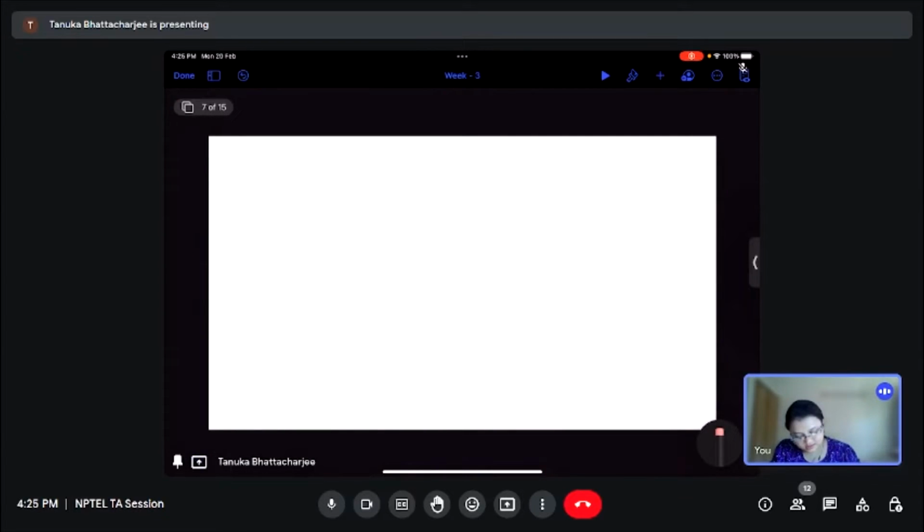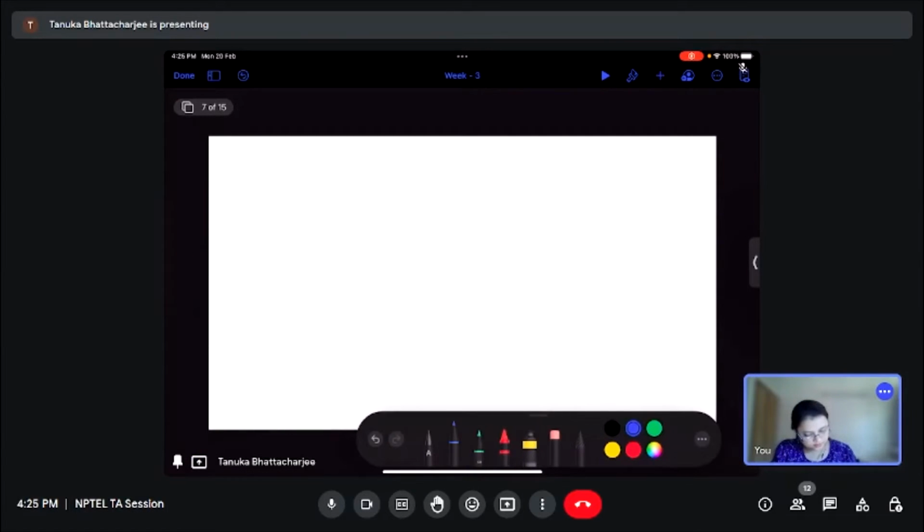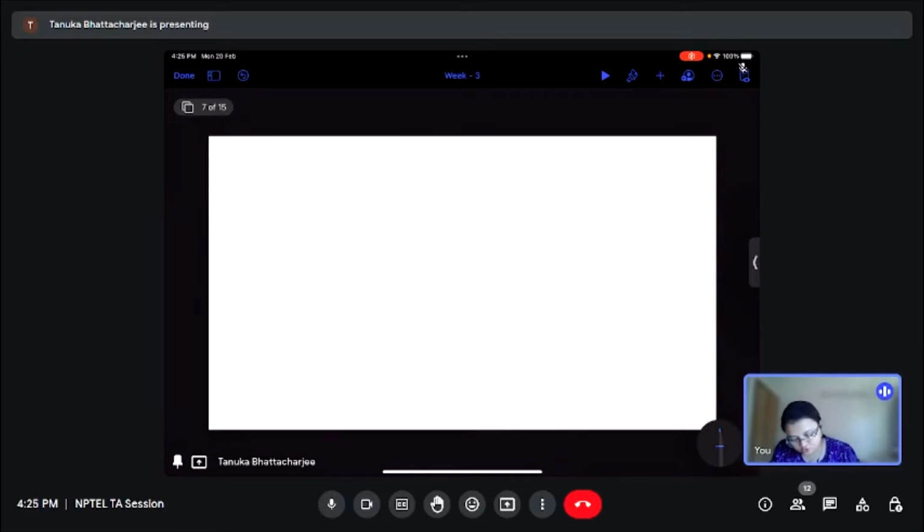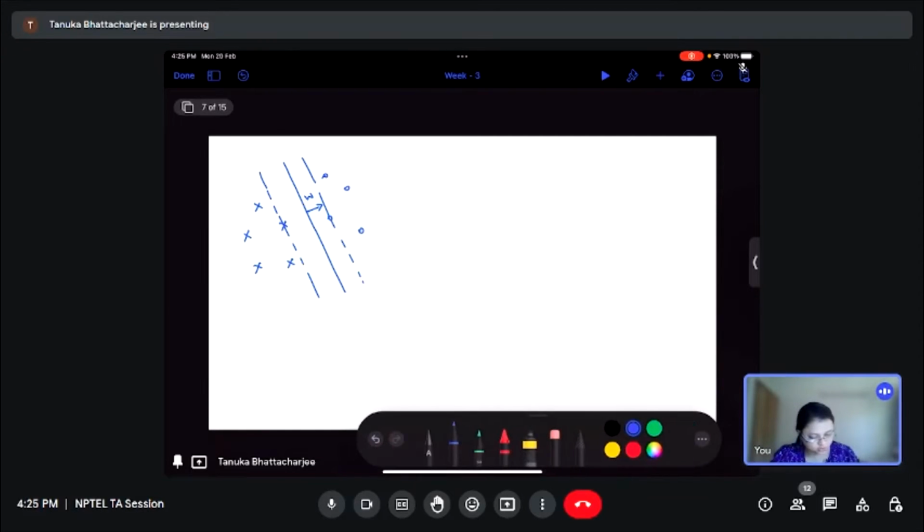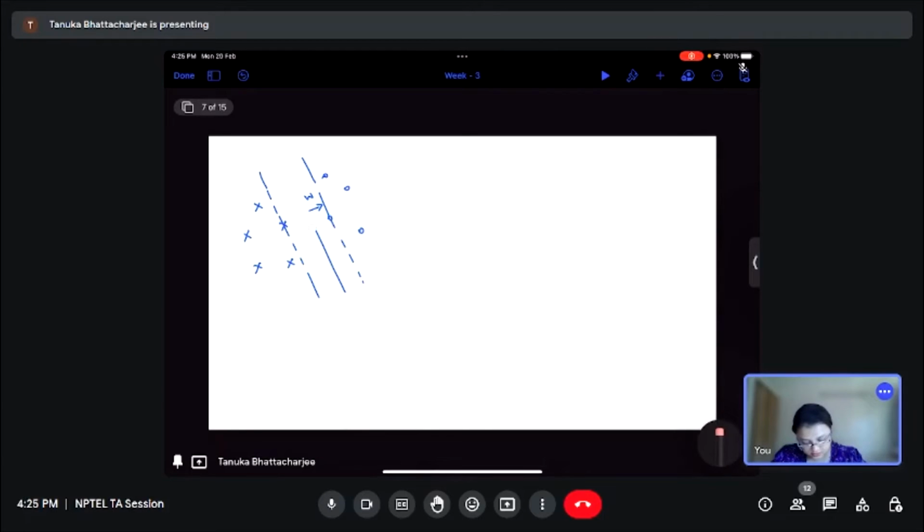Let's say you have two sets of points, and this is your decision surface. Your W is somewhere in this direction, and this is this side's boundary, and this is the other side's boundary. Pardon me for the drawing, it's not actually symmetric.